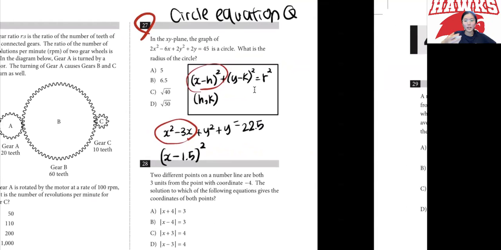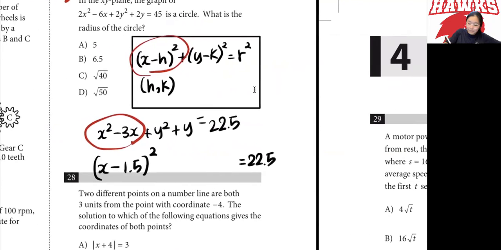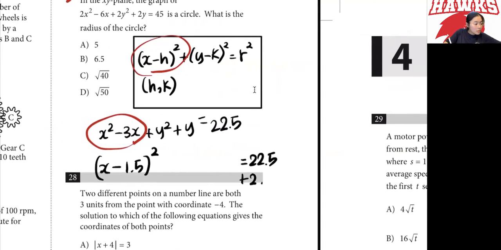Then that won't be the circle equation, right? So whatever is supposed to be in this bracket, you will add it to the right-hand side of the equation. So 2.25 is going to be added to 22.5.